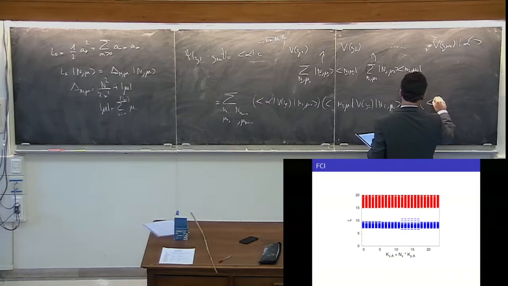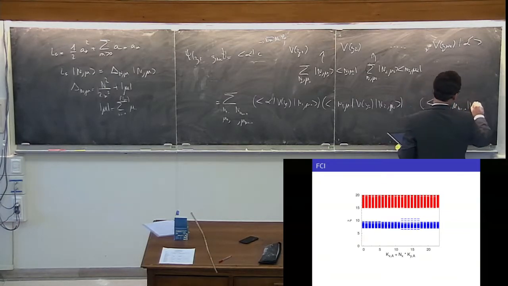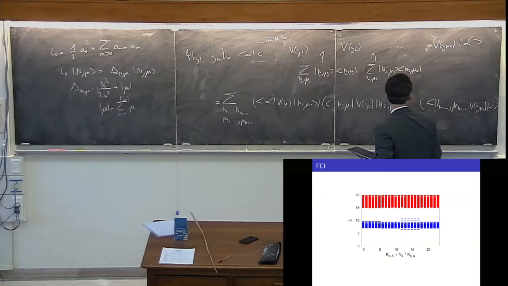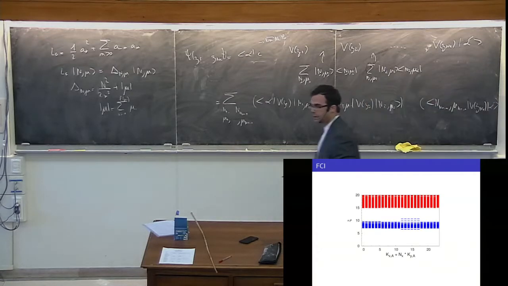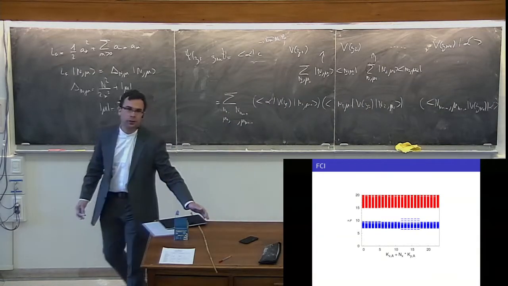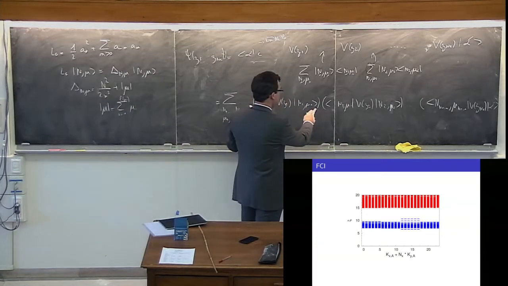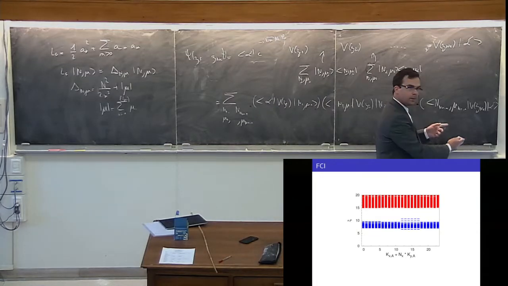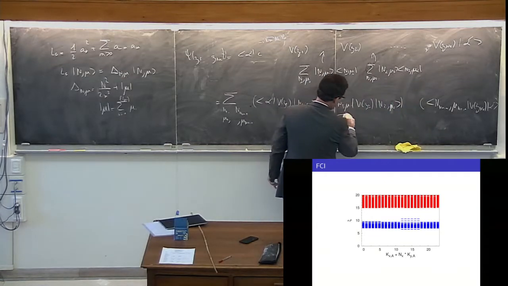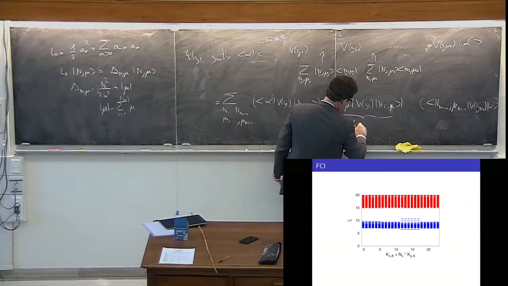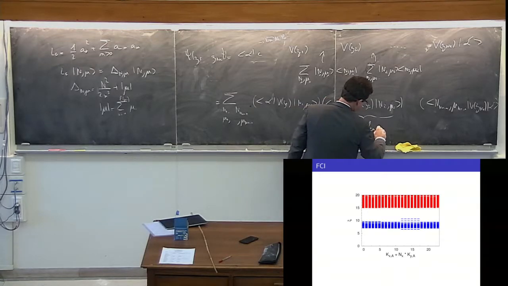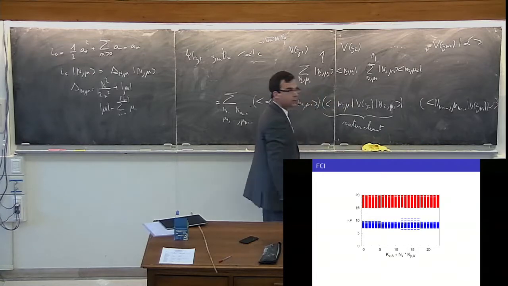The last one will be n ne minus 1 mu ne minus 1, vz ne, alpha prime. So what have you done here? Well, it's just a product of matrices, right? This is a matrix element, this is a matrix element, and so on. So it's an MPS.